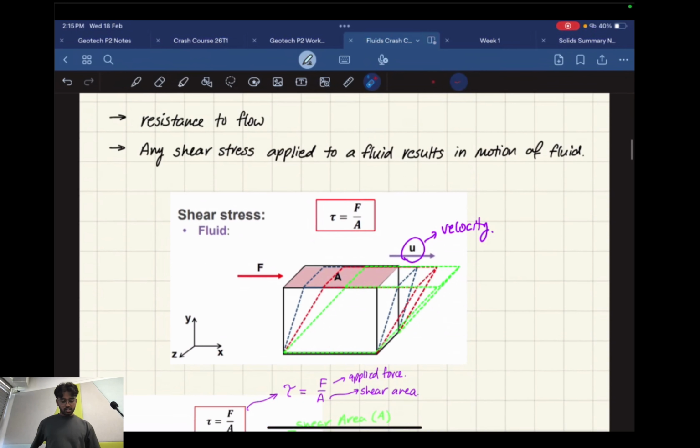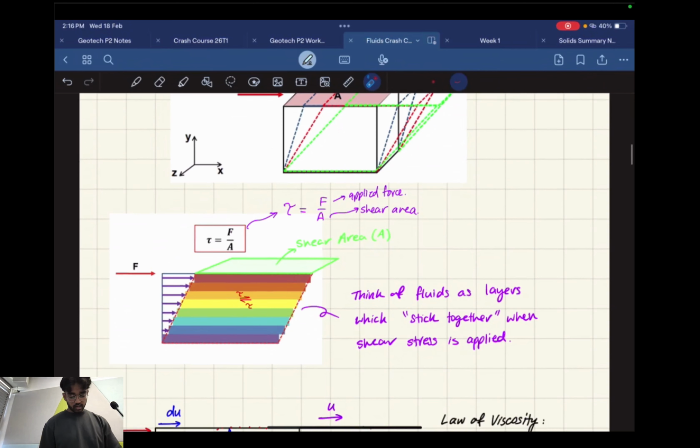Shear stress has a formula, tau, which is equal to F on A. When we apply this force, the fluid's going to move, which means it's going to have some sort of velocity given by U. This velocity varies, it changes depending on what scenario we have.